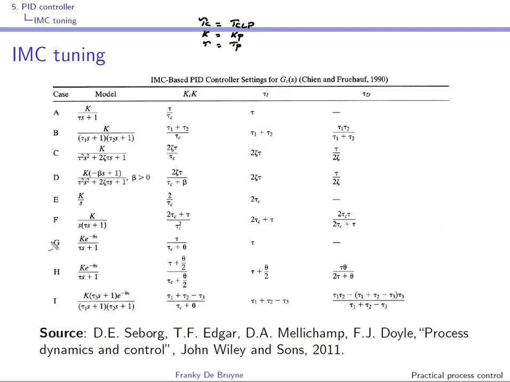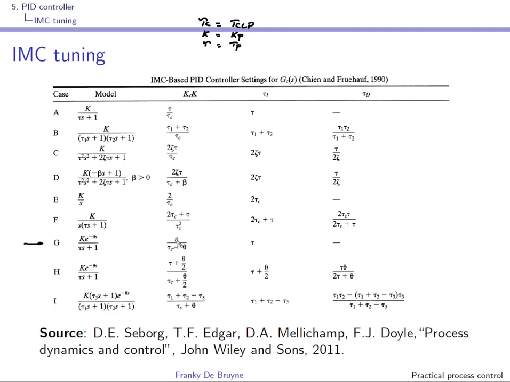So for instance, for this particular case, a first order system with delay, if you go to the PI controller, you can see that you should use an integral time constant that is the time constant of the process, and that the gain of the controller is this quantity, but you have to divide by the gain of the process. So in this column what you have is the loop gain, the static loop gain, Kp times Kc.